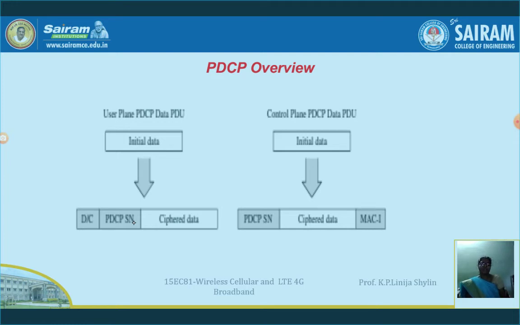What is the function of this? It will provide robustness against packet loss. Whenever a packet is transferred from the MME to the user equipment or from the user equipment to the eNodeB, there can be packet loss, and the sequence number provides robustness against it.